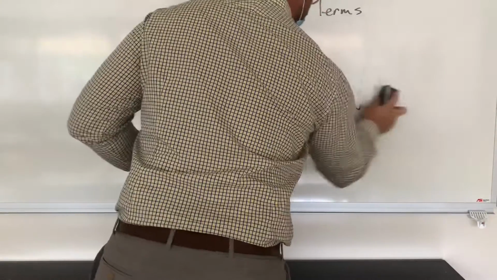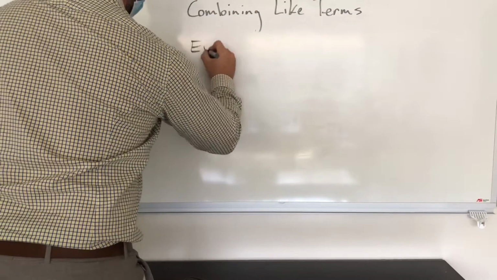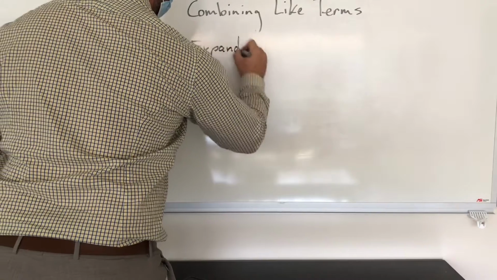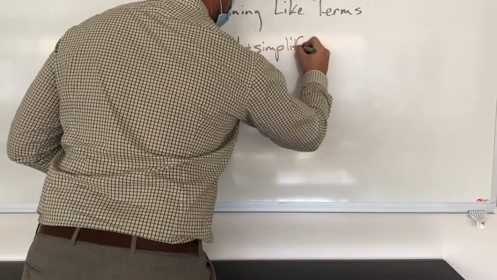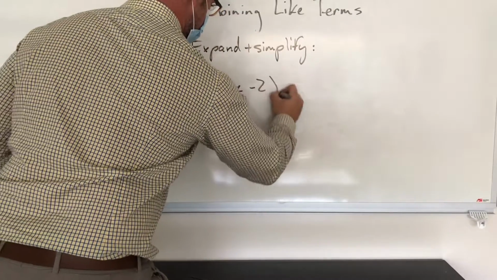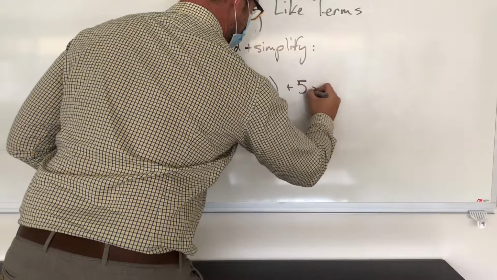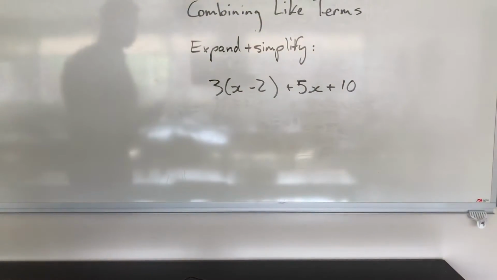We'll do one last example that is a little bit more difficult, and we know it's more difficult because instead of just saying simplify, it says expand and simplify. So expand and simplify.